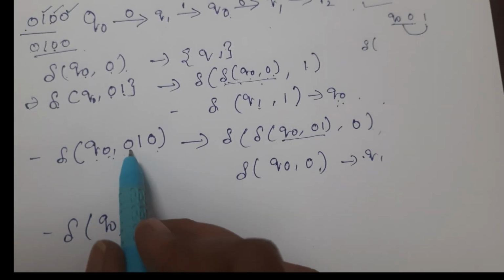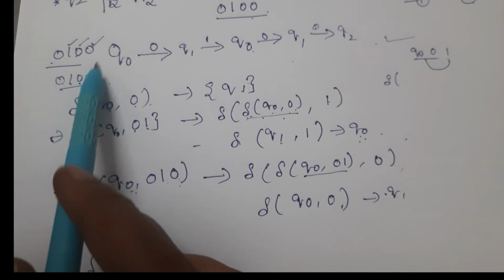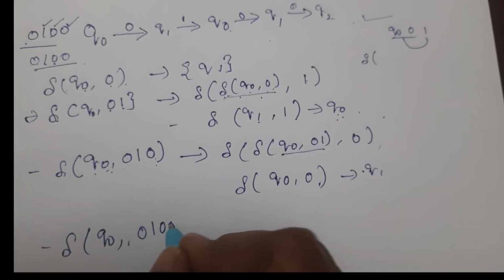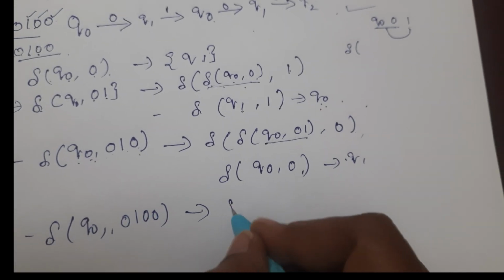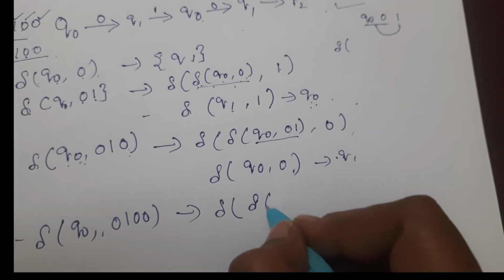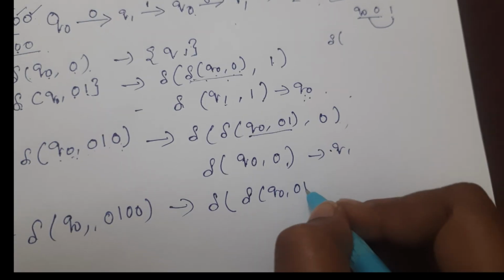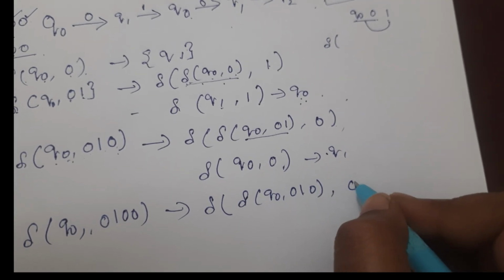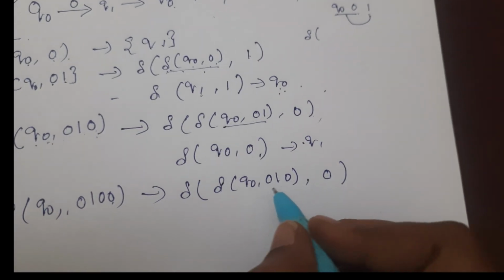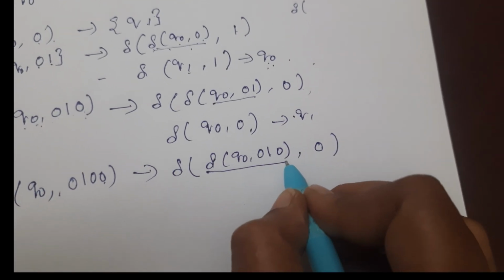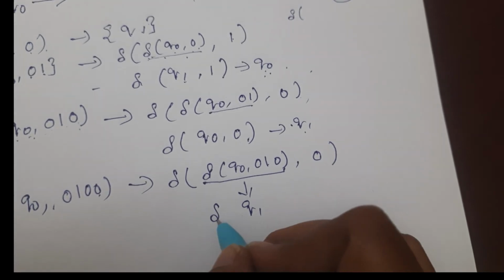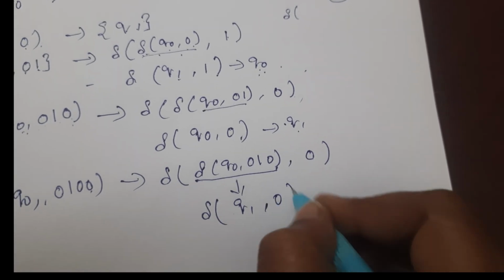The one element which is left is 0, so add that: 0 1 0 0. Now I can replace that, q naught comma 0 1 0. What is your current input? It is 0. The output of this part is q1. Now I'll make del of q1 comma 0.